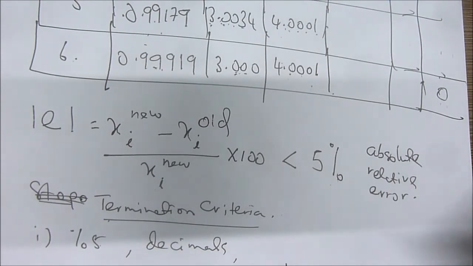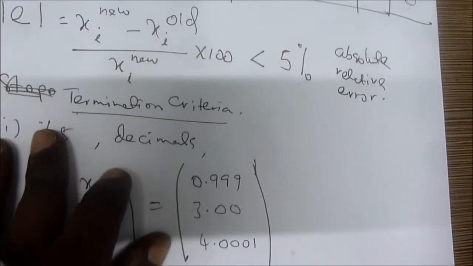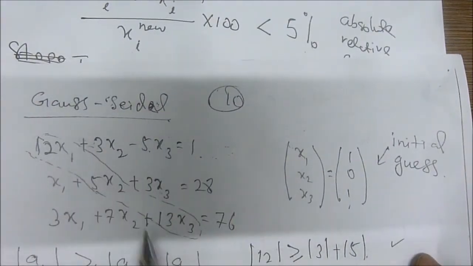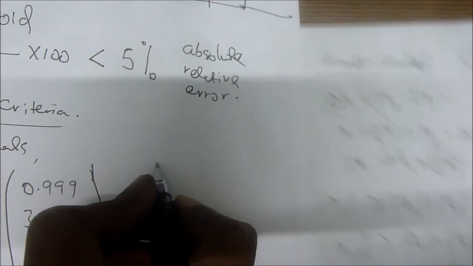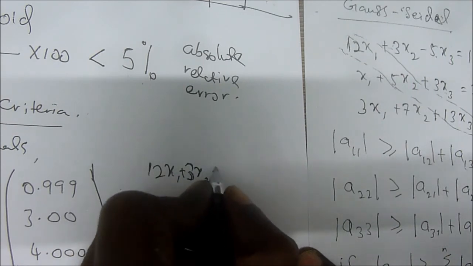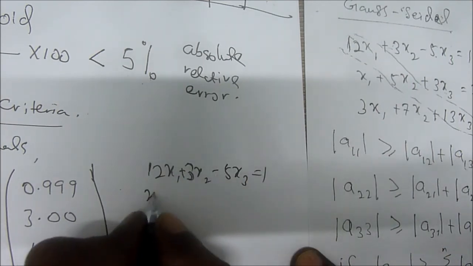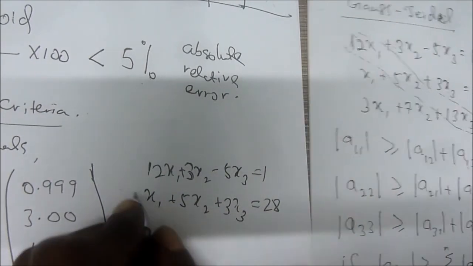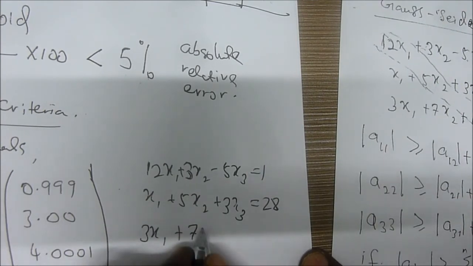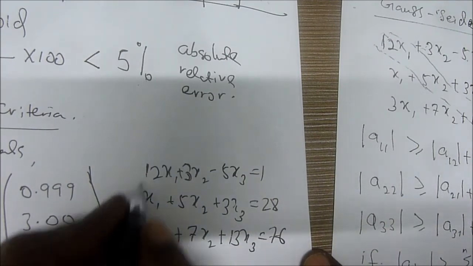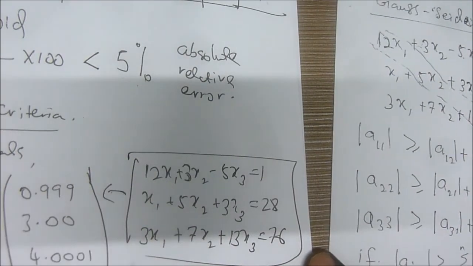To solve the problem: 12 x1 plus 3 x2 minus 5 x3 equals 1, x1 plus 5 x2 plus 3 x3 equals 28, and 3 x1 plus 7 x2 plus 13 x3 equals 76. The solution for this is this.